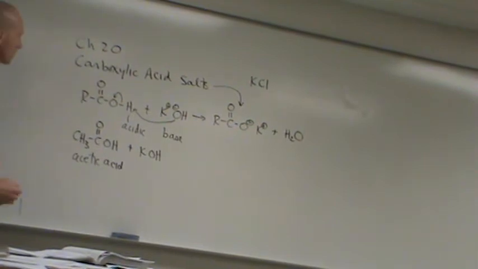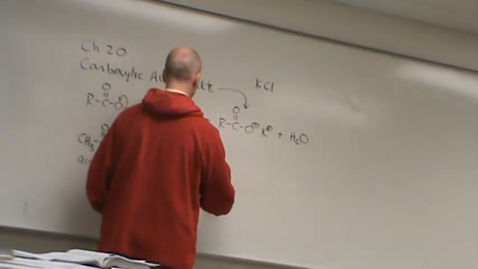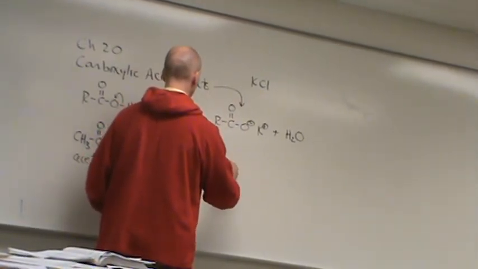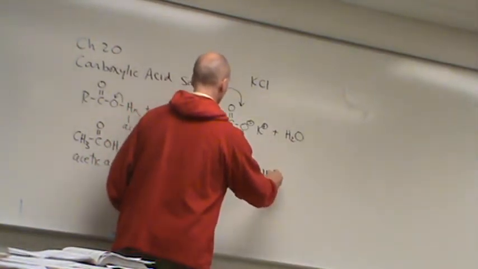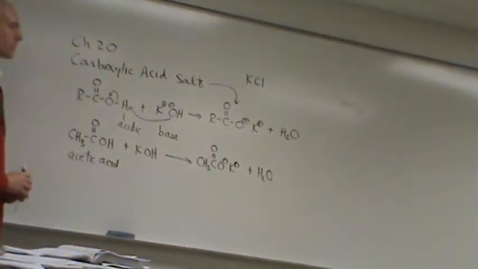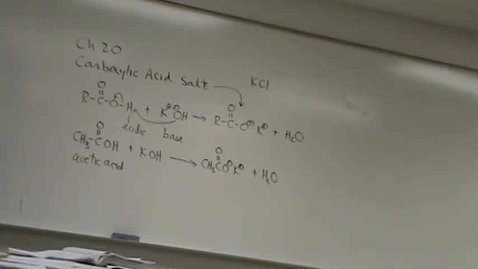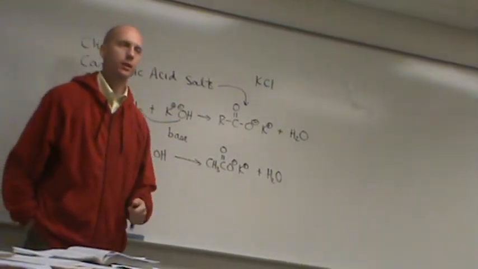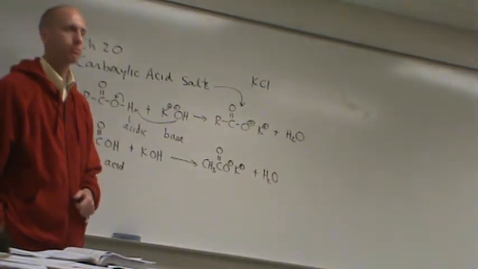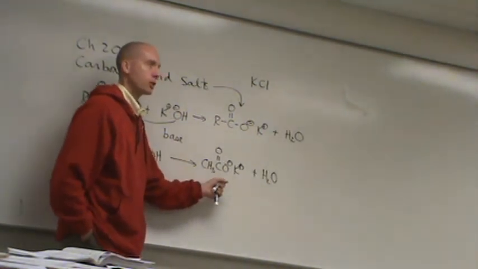Okay, so the resulting salt forms like that there. We want to look at two things about these salts. One thing is how to name them. Then the second thing is their properties, okay? So let's look first of all at how to name these.